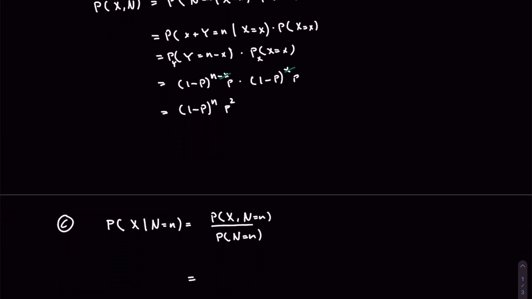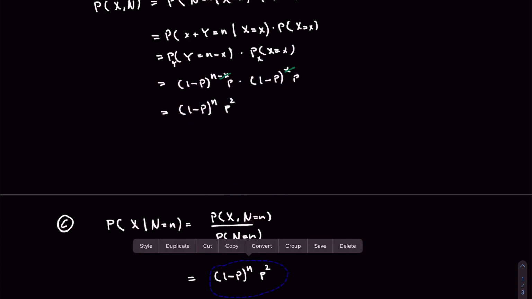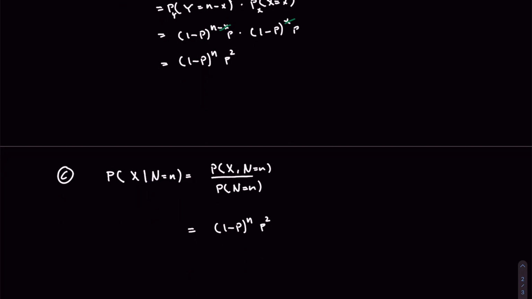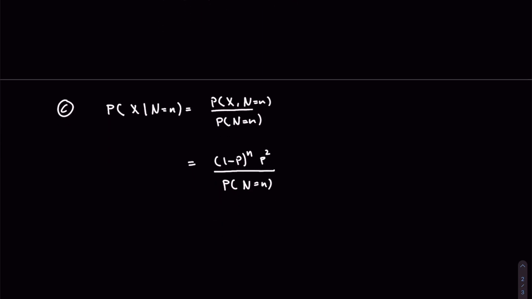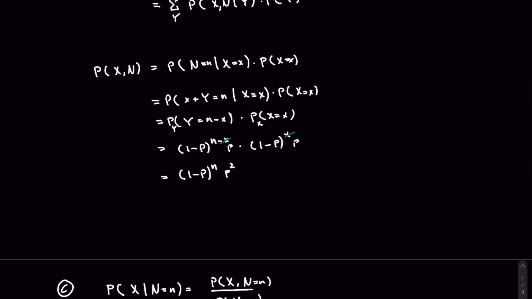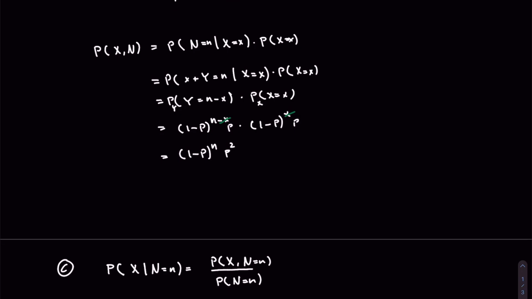So we can basically copy this like that, and then we have to find the marginal of n at little n. This marginal sort of follows from further marginalization of this term here.